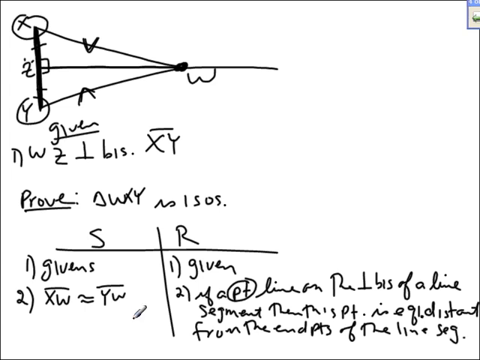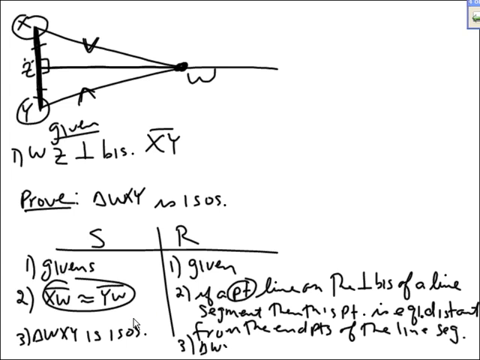And if in your book this is theorem number 212, you can just say the reason is theorem 212. Now I'm going to say that triangle WXY is isosceles. And the reason is it has 2 equal sides. Triangle WXY has 2 congruent sides.